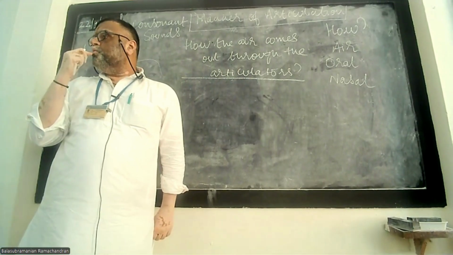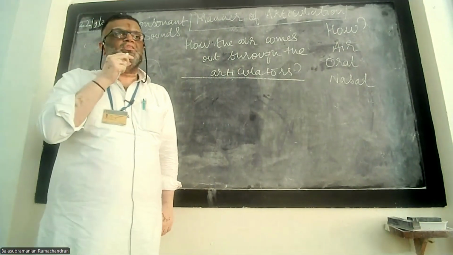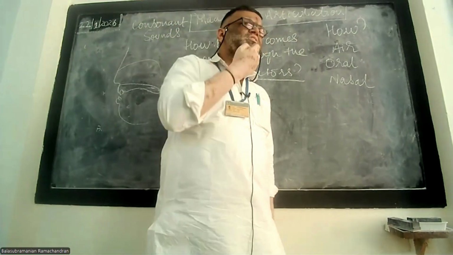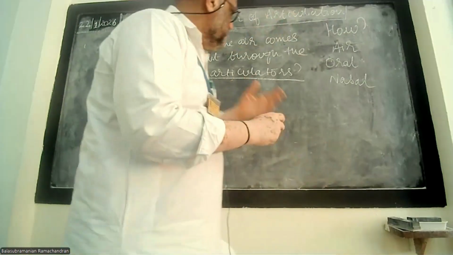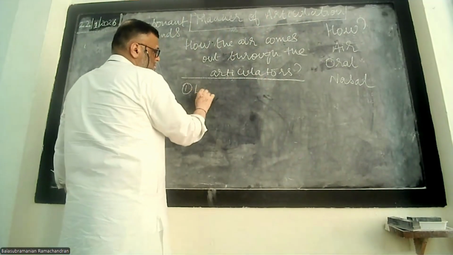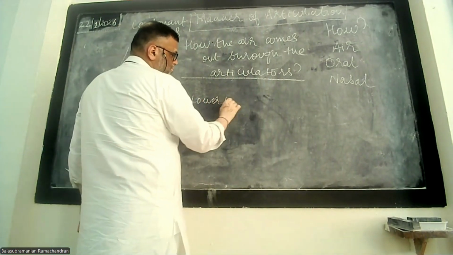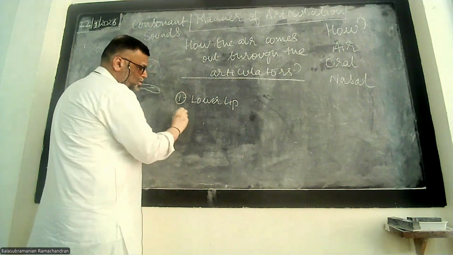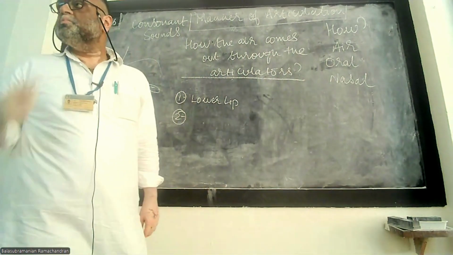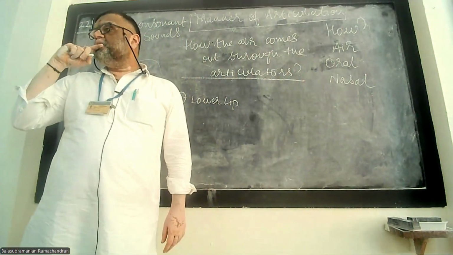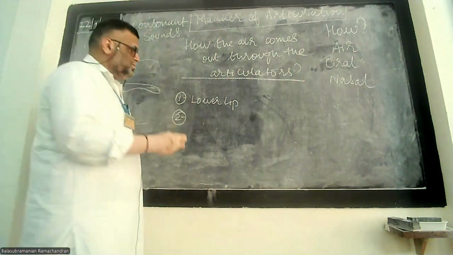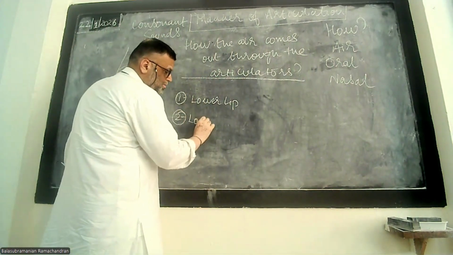What is there on the lower jaw? The chin is not an articulator. So you have the lower lip. Then behind that, the lower row of teeth.